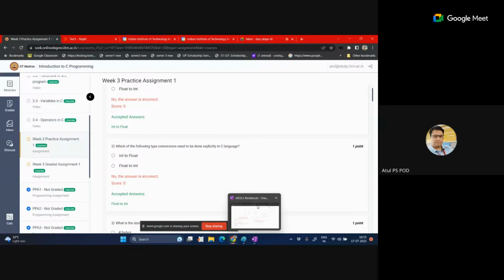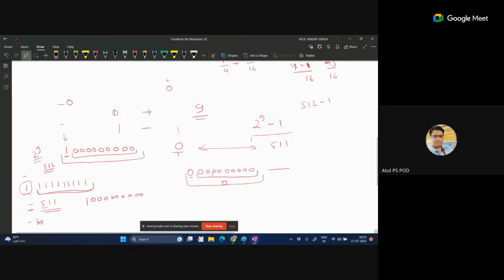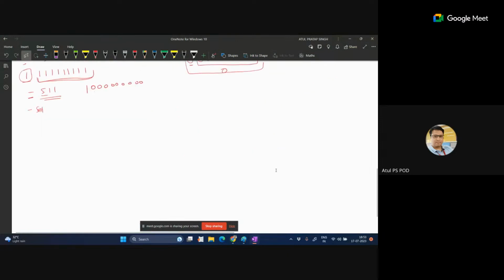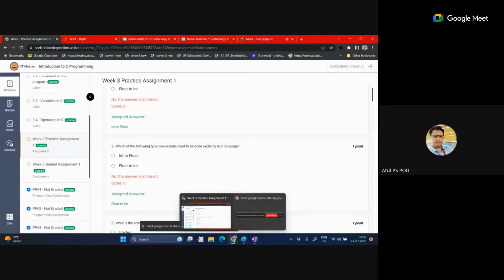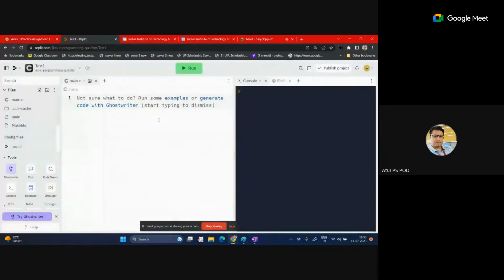Okay, so I'm taking one example for this. Suppose I write like this, float to int. If we assign, I'm writing like this.